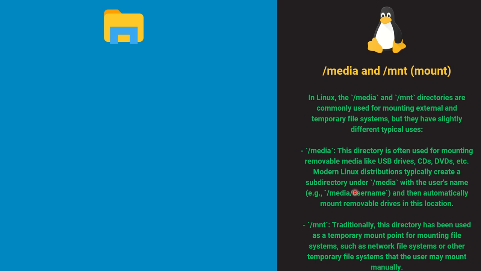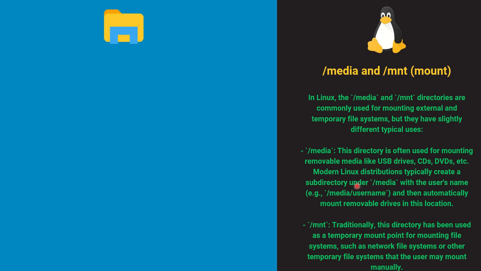Using /dev and /sys, the system can interact with that USB drive, and as a user, if you have to read and write data to that removable media, you would go to the /media directory, and this is where you will be accessing it.